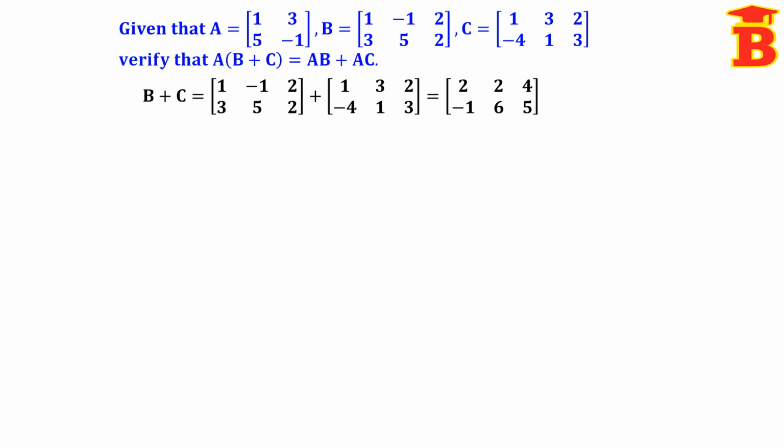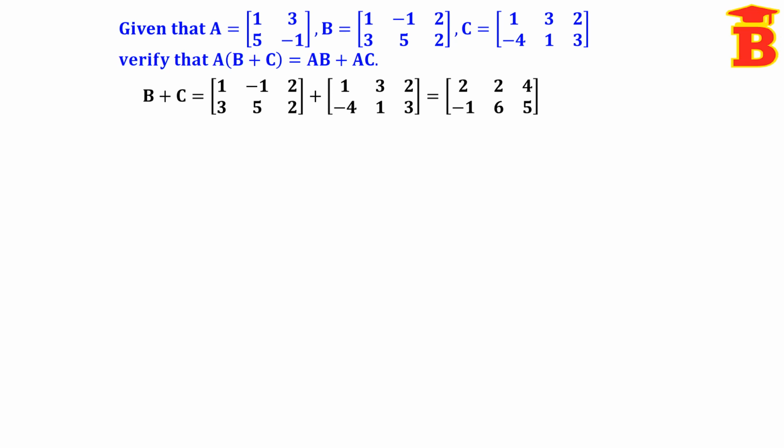Next second row, 3 minus 4 minus 1, 5 plus 1 6, 2 plus 3 5. So for addition we have to add the corresponding elements.